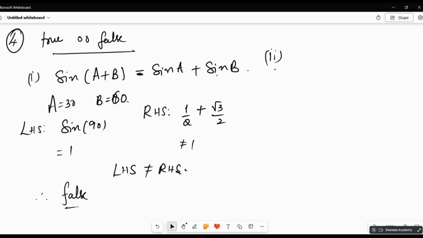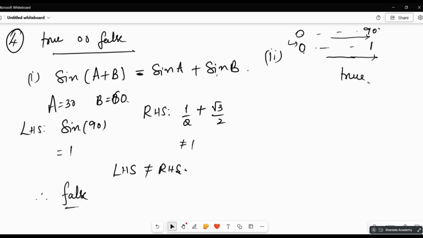It is true. See the values here. Sine value, we are taking from 0 to 90 degree. If you consider the values, it starts from 0 and ends at 1: 0, half, 1 by root 2, root 3 by 2, 1. So it is increasing. Listen carefully, the values are increasing as the degree increases. So it is true.